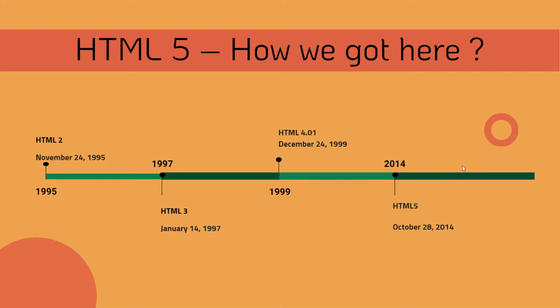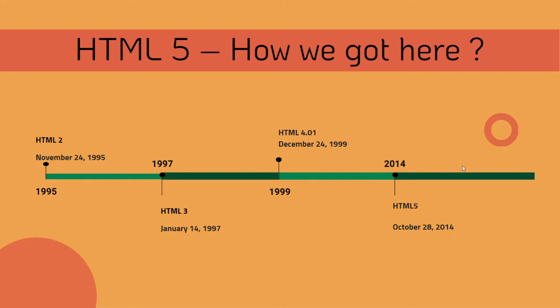And you have HTML4.x, 4.01, in 1999, right? So till 1999, you had HTML4.01. Now, after 1999 till 2014, if you were in, let's say, 2010, and asked a developer what version of HTML he is working with, he would say, I do not know the version, because we never focused on the version of HTML before HTML5.